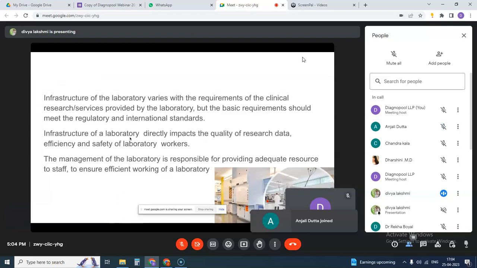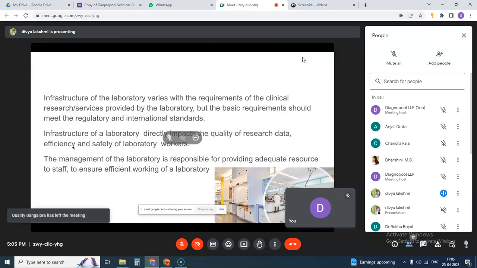Infrastructure of the laboratory will directly impact the quality of the research data, efficiency, and safety of the laboratory workers. Infrastructure of lab is very important to ensure that safety of the laboratory workers is there and also to provide good quality reports.